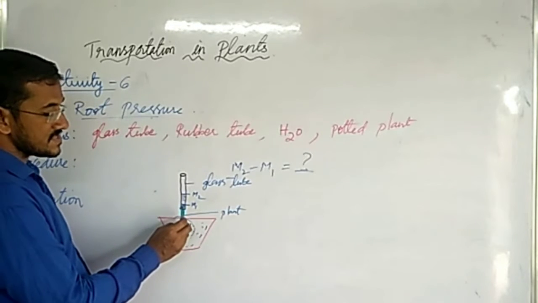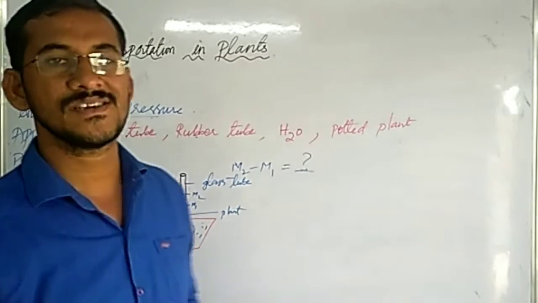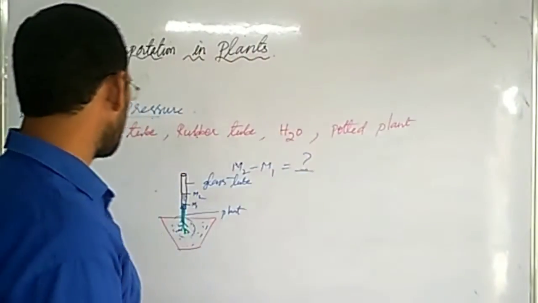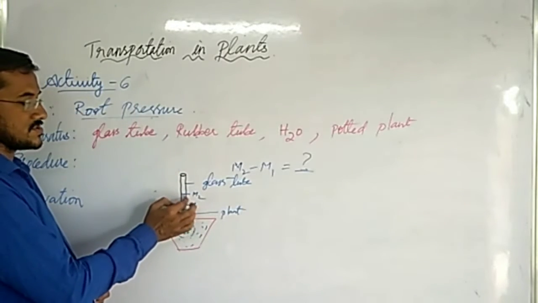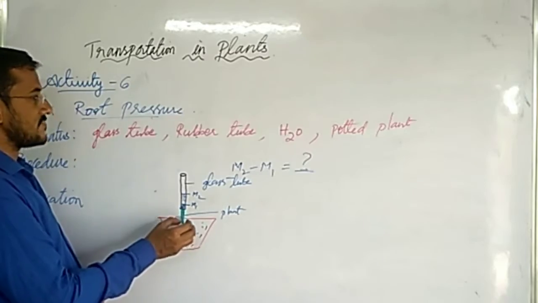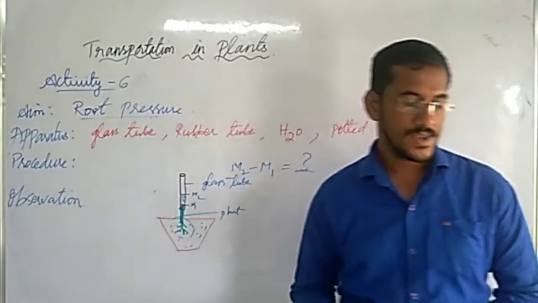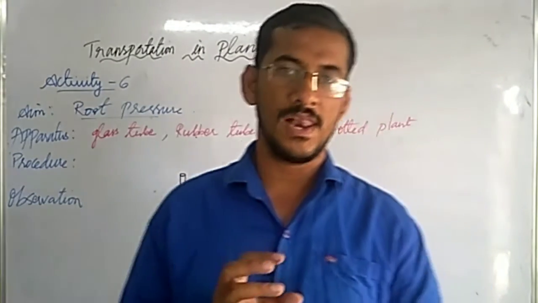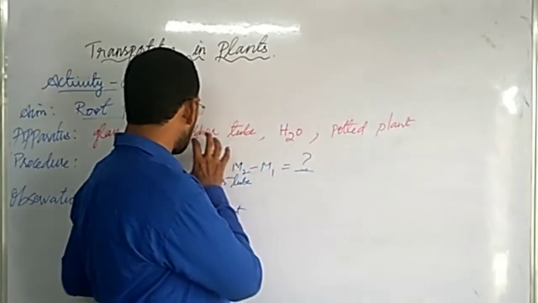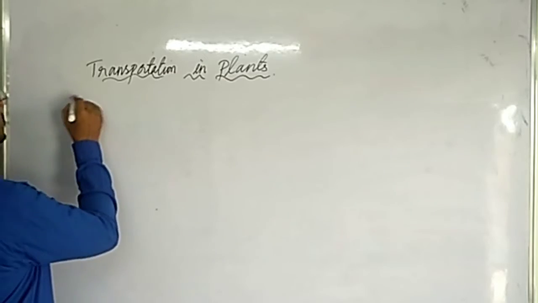Again from there, in the root, water pushing and pressure will occur, and thereby water comes to the stem and up into the tube due to the pressure, and that pressure we call root pressure.